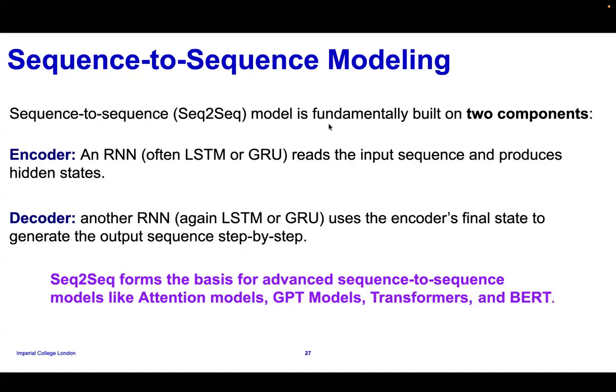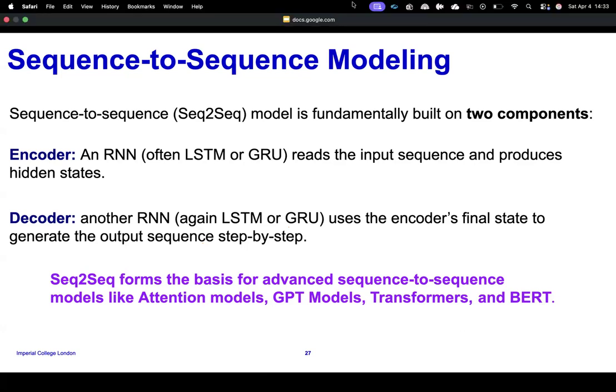So we can see here, this sequence-to-sequence forms the basis for advanced sequence-to-sequence models like attention models, GPT, transformer, and BART. This architecture, where something does the encoding and something does the decoding, gives us the basis of what other architectures have been built, such as transformer, GPT models, and BART.